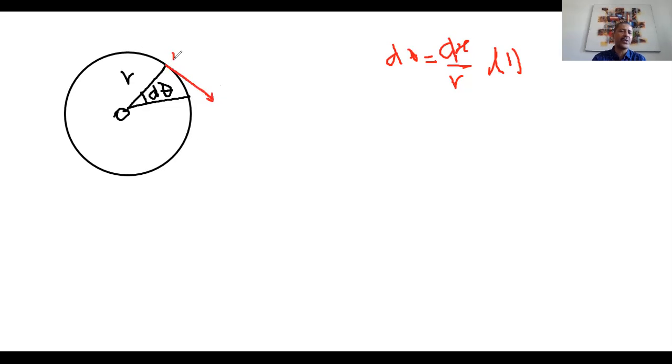Let's say this is a point A, so the velocity is VA in magnitude. And then let's take another point B, and this is called the VB. But d theta is a small angle that separates the two.